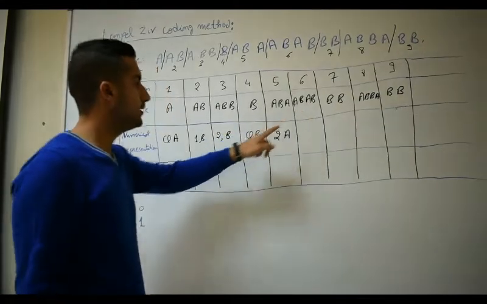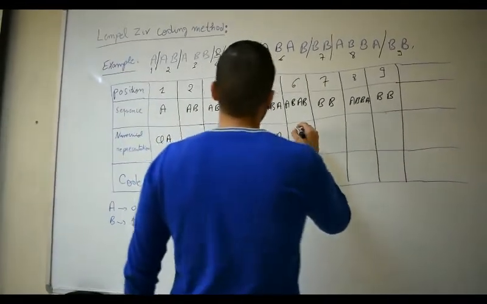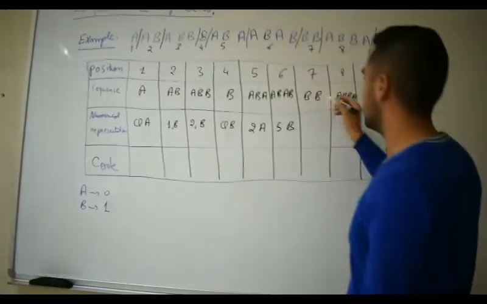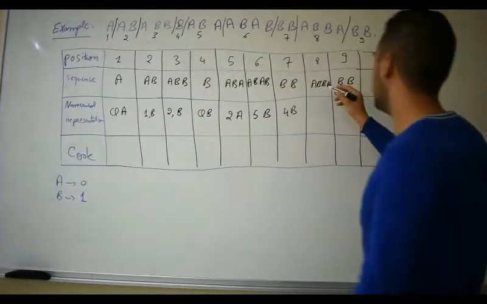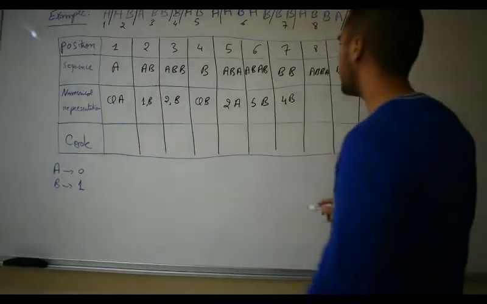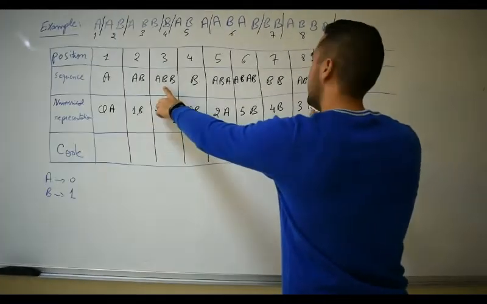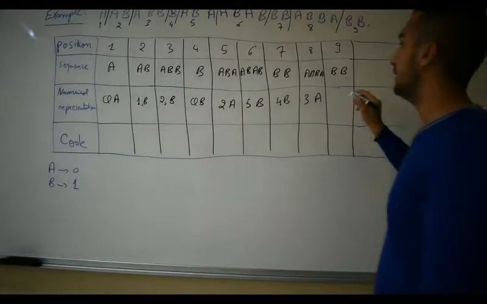Then ABAB is 5B. Then BB is 4B. ABBA is 3A. And finally, BB is 7B.